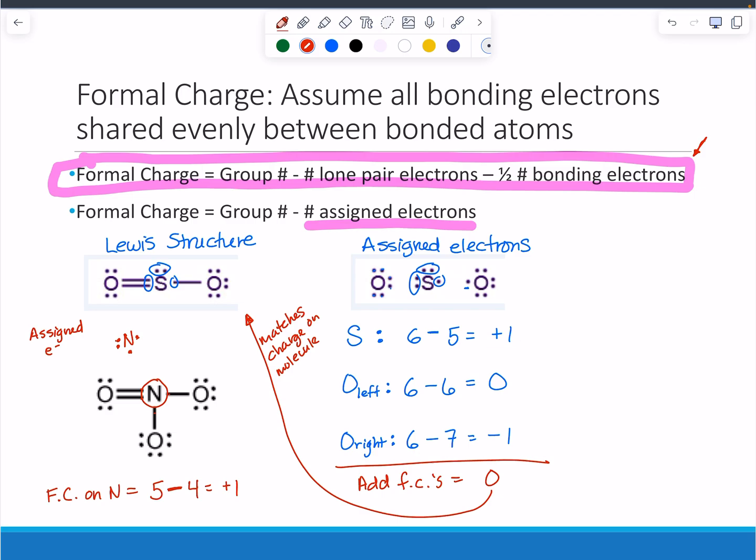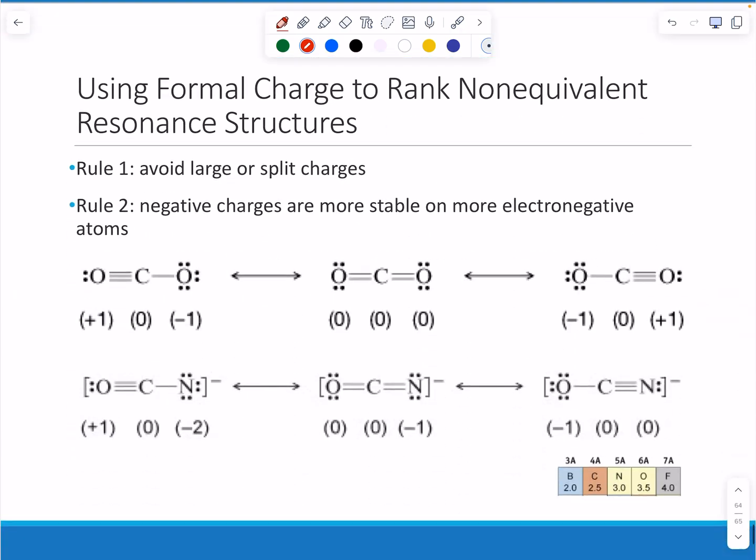All right, so why would we bother calculating formal charges if they're not going to give us accurate numbers for what the exact charge on an atom is, okay? And the reason is because sometimes we have those non-equivalent resonance structures, and we have to decide which one is going to be the favored one.